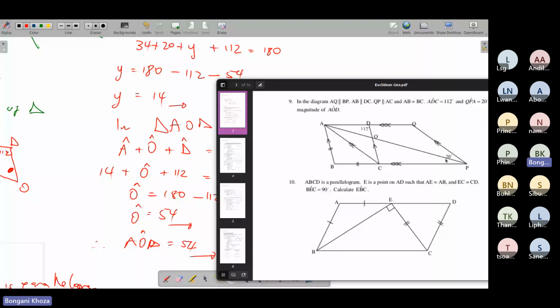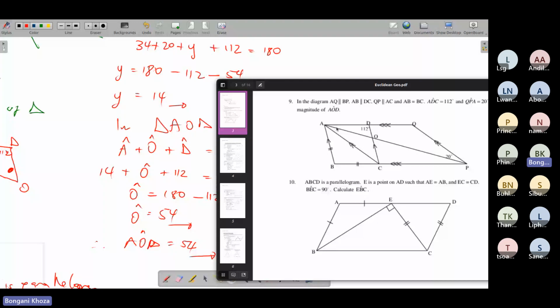We were trying to get this whole angle, so we were missing this one. We said A and C are equal because this is an isosceles triangle, and the angles opposite equal sides are equal. So we ended up getting this as 34.